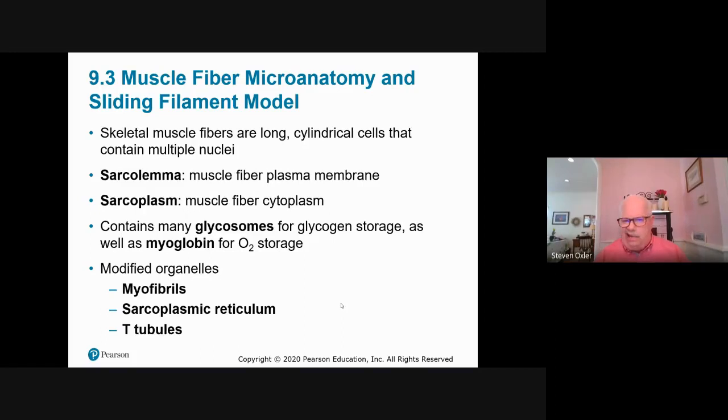And inside the cytoplasm, there are organelles, just like there would be in any cell, but these cells are specialized. These organelles are special, and we'll talk about each one individually: myofibrils, the sarcoplasmic reticulum, and T tubules.